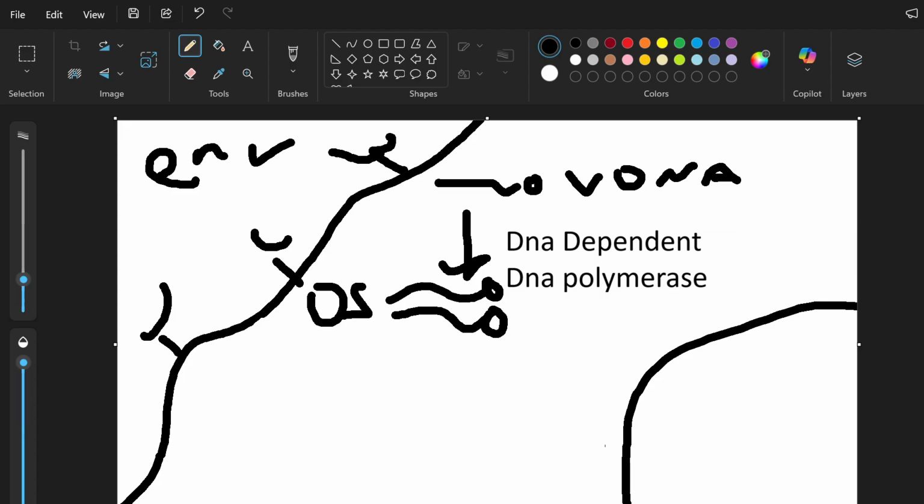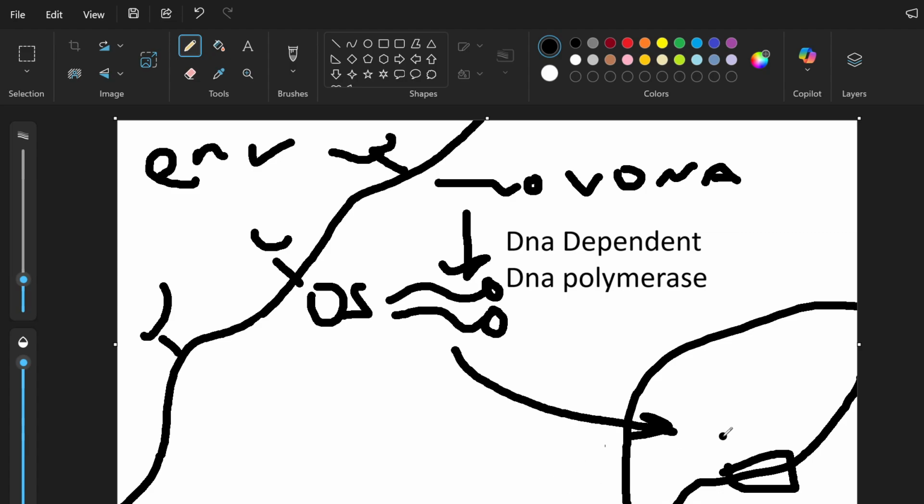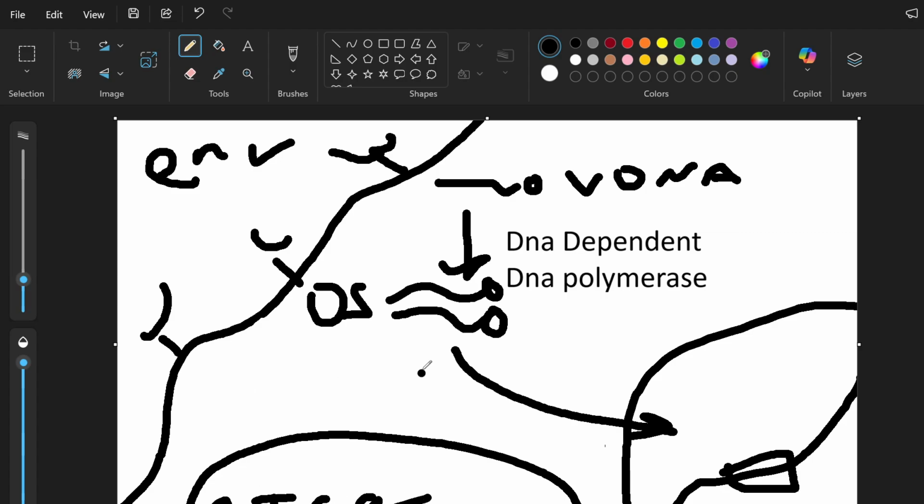This double-stranded DNA can enter the nucleus, where you have little parts of the genome that it can integrate itself into. Now it's important to realize that the way it integrates itself is you have, let's say, your set of genes, and then you have your viral part here. This is going to replace this.